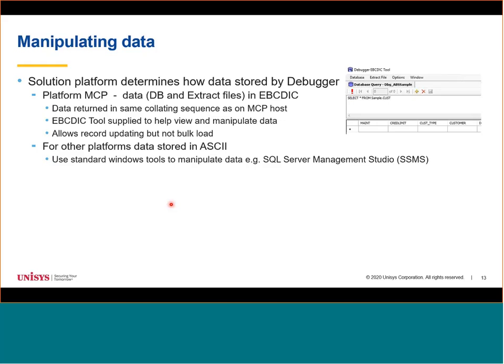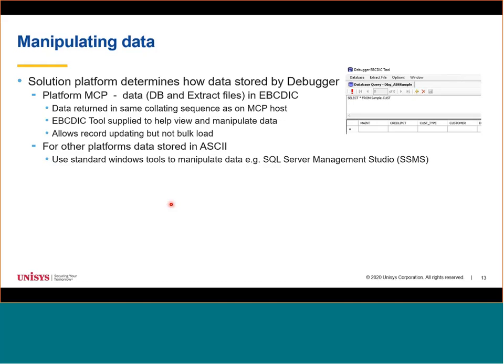What that means is data is then returned in the same order. So if you're not aware of this, the collating sequence for EBCDIC has numbers after alpha. So you can write something along the lines of do when field greater than all 9s, because that essentially is a higher value than any alphanumeric values.